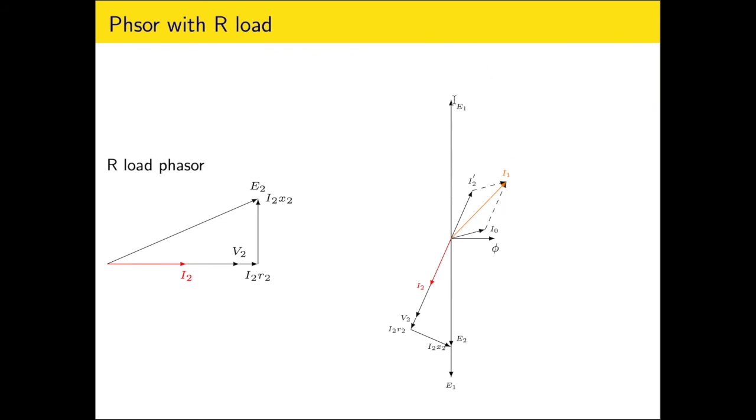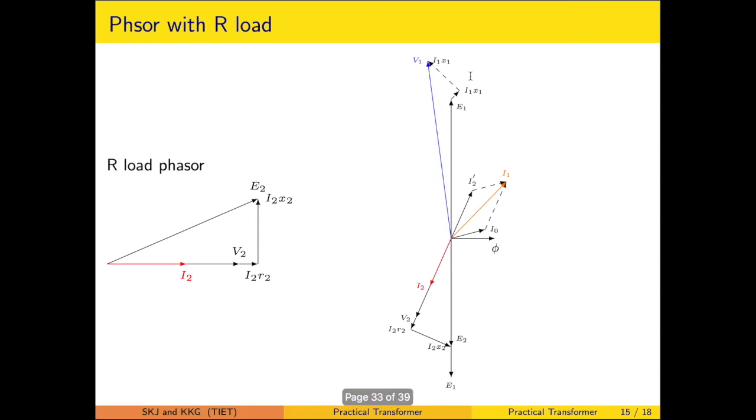After that we are doing E1 plus I1 R1 plus jI1 X1. So the voltage drop associated with the primary windings is added to this E1 to mark the supply V1. That is done. So we have gone through the phasor development for all possible load combinations.